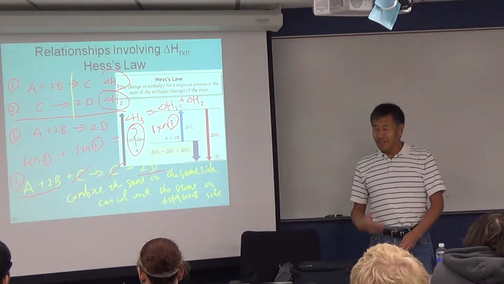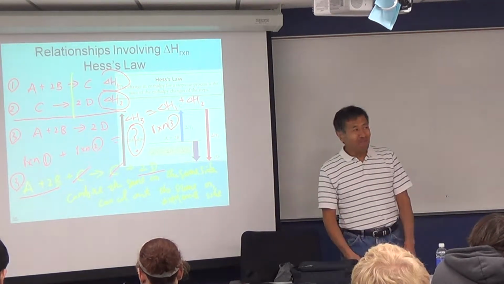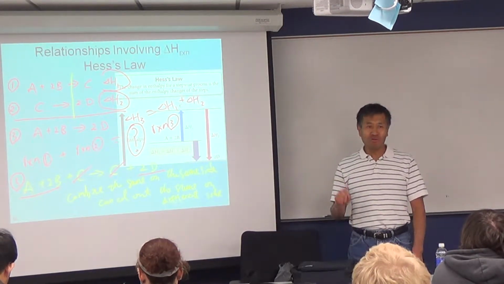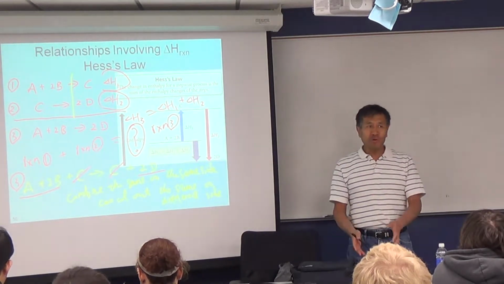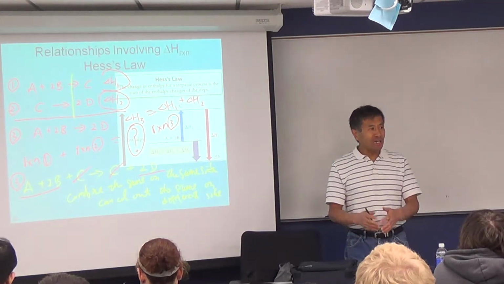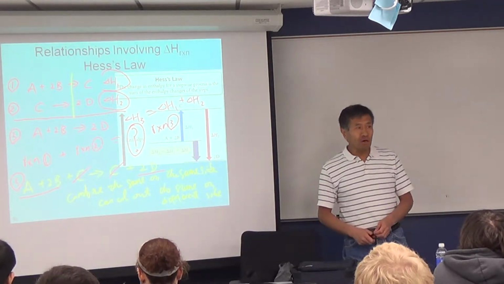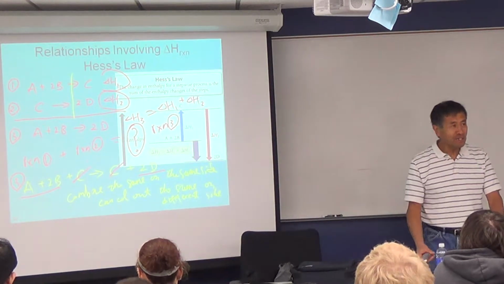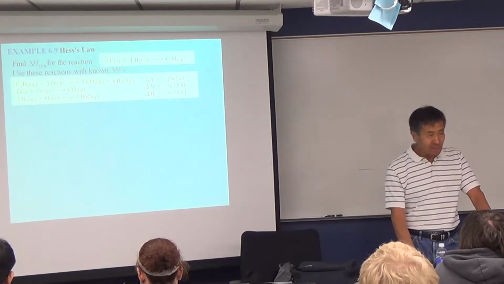Okay. Now let's make it difficult. I think that's what we like, right? Make it more difficult. So in this example, I give you reaction 1 and reaction 2 already, just for you to add them together, get the equation reaction 3. Now make it difficult, that means I will give you maybe 4 reactions like this.